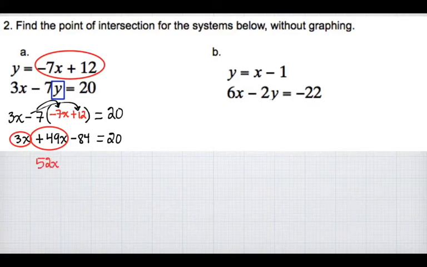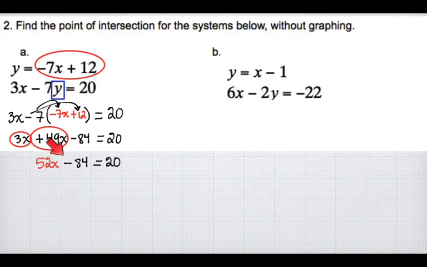And then I'm just going to bring everything else down. Minus 84 equals 20. Okay. So I did addition. There is subtraction, but I can't subtract these two because they are unlike terms. So I cannot subtract. So I'm done with the order of operations.